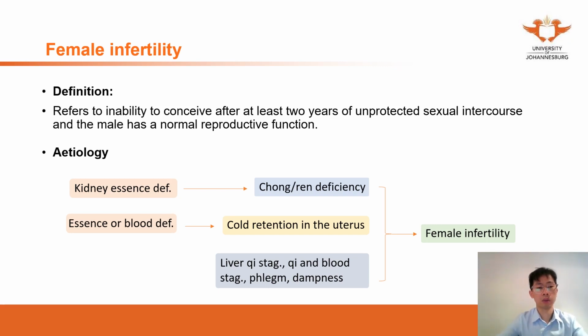So afterwards, we are going to emphasize menstruation and the cycles. There is a saying in Chinese medicine that to treat infertility, you must regulate the menstruation. So the first step is to regulate menstruation, and then treat fertility.